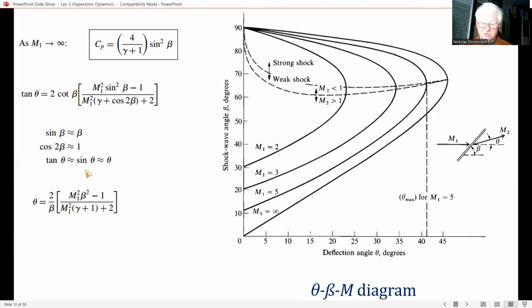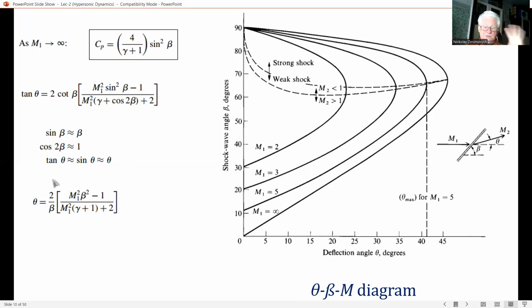So we may approximate sine beta simply as roughly beta, cosine 2 beta as nearly 1, tangent theta as nearly the same as sine theta, and simply as theta.